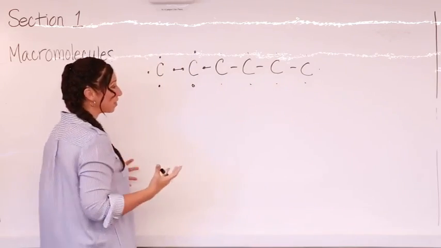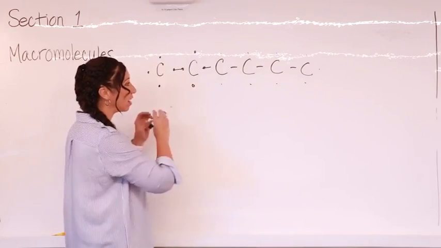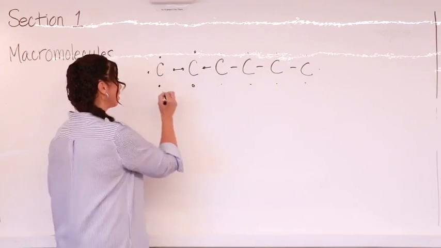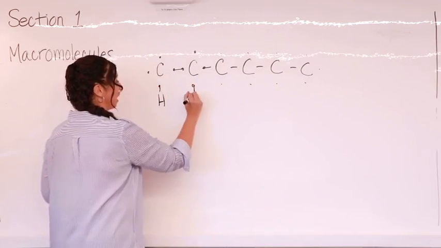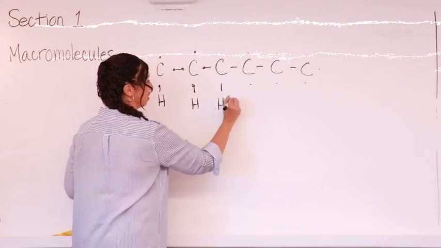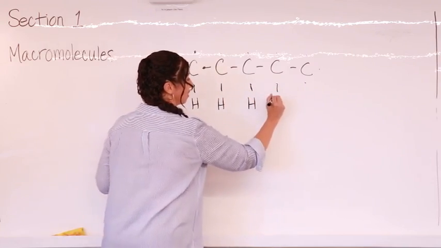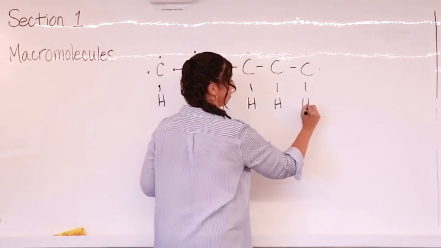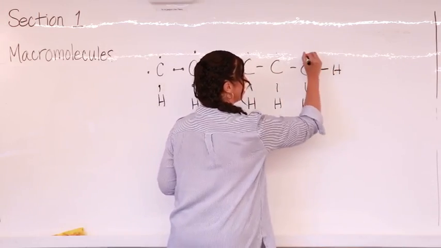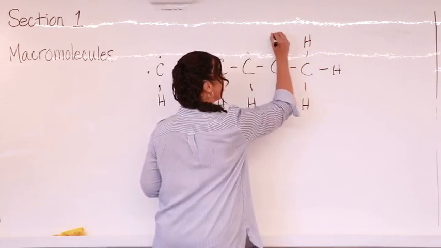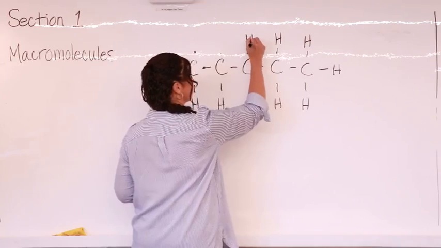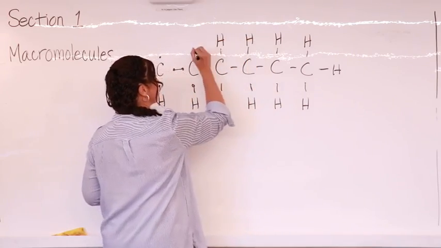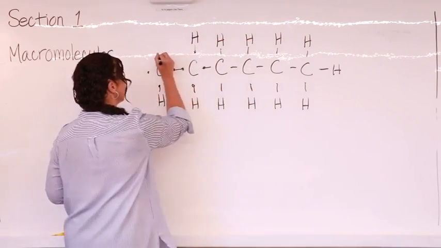So most often you'll see these long hydrocarbon chains that are just saturated with hydrogen. And hydrogen is content with just filling its octet with 2. It doesn't do an octet really. It just needs 2 electrons to be content.